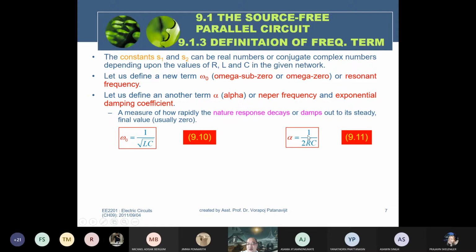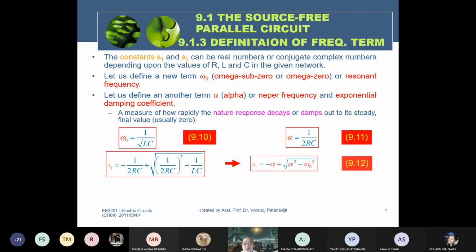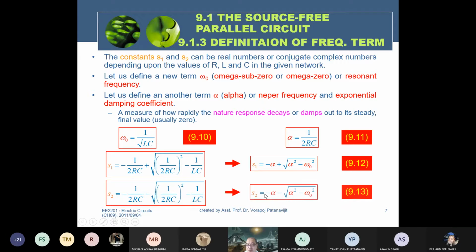Alpha equals 1 divided by 2RC. After this, you can substitute alpha and omega 0 into the s1 equation, and the form seems easier. s1 equals minus alpha plus the square root of alpha squared minus omega 0 squared, in equation 12, and s2 is the same: s2 equals minus alpha minus the square root of alpha squared minus omega 0 squared.